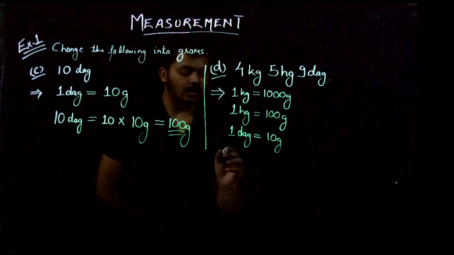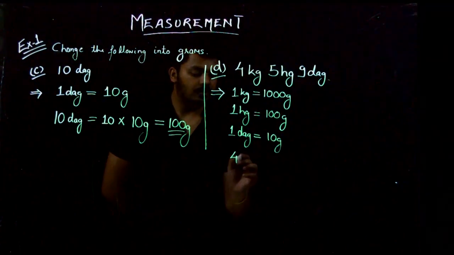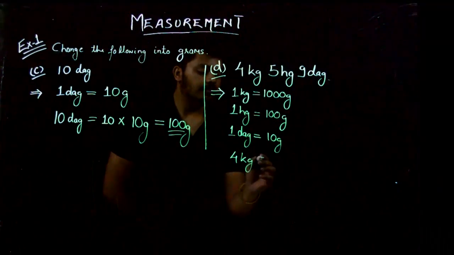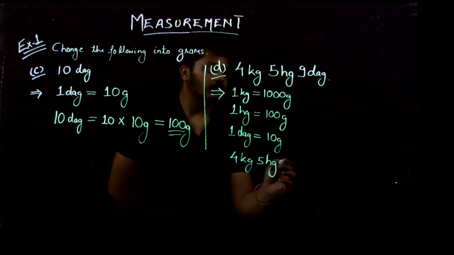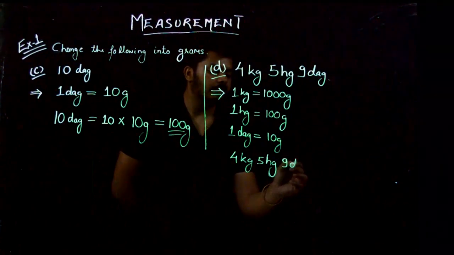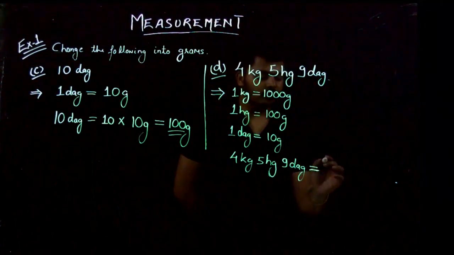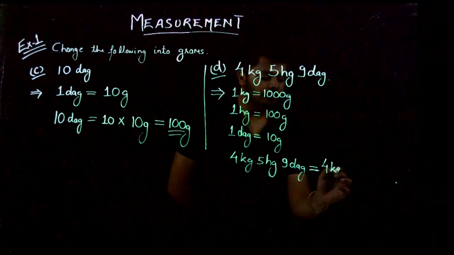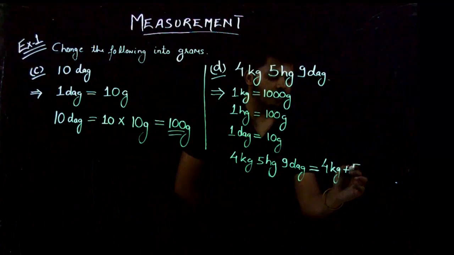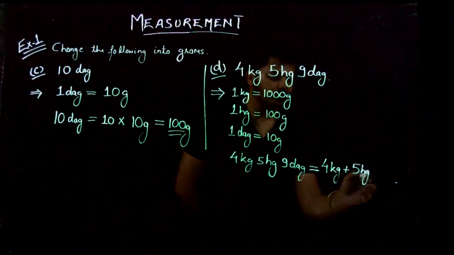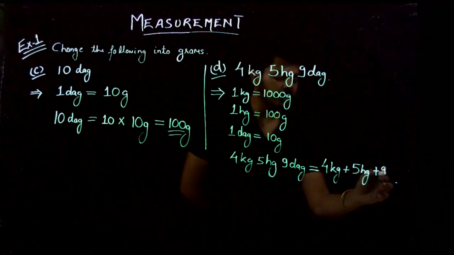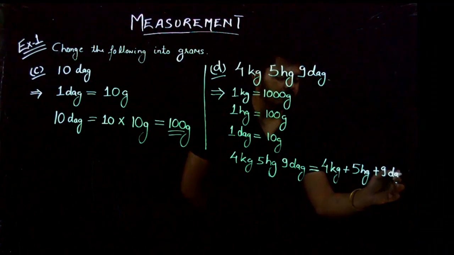So we can write 4 kg, 5 hectogram, 9 decagram as 4 kg plus 5 hectogram plus 9 decagram.